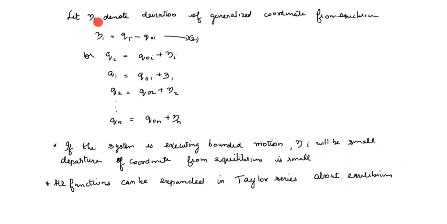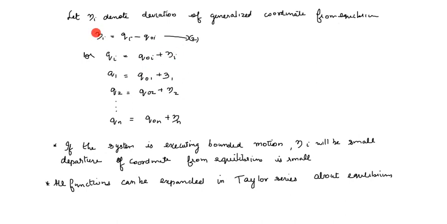Let eta i denote the deviation of the generalized coordinate from equilibrium. Eta i is the small displacement from the equilibrium condition. If qi is the coordinate at any instant, it is equal to q0i plus displacement.